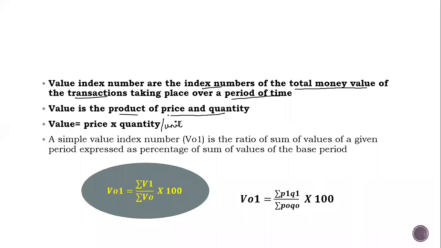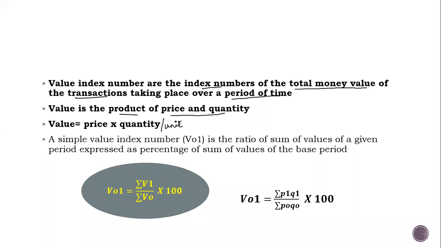So here, what is the formula? V01, that is the value of the base and the current year, is equal to summation V1, the value of the current year, divided by summation V0, the value of the base year, into 100. Now to find V1 and V0, how to find out? It is summation P1 into Q1. Here we do not consider any other weights.